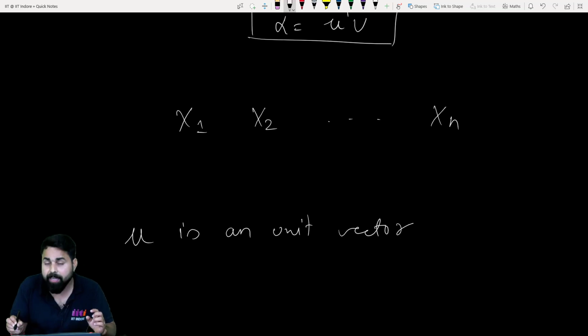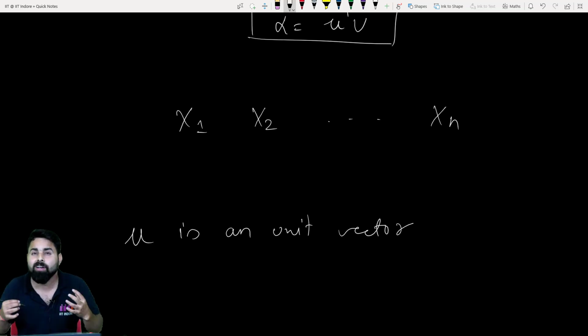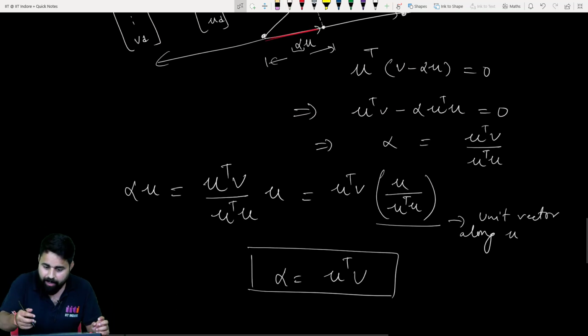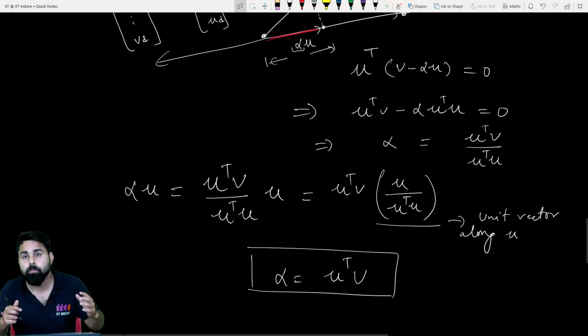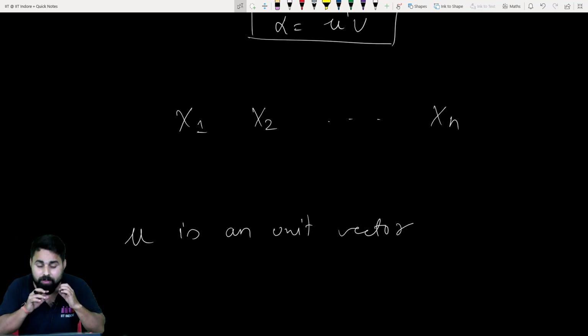Now I have to project all these points along u, or measure all these points along u. The process is the same as when we recently projected v on u. In the same way, we will now project every point x1, x2 up to xn on u.